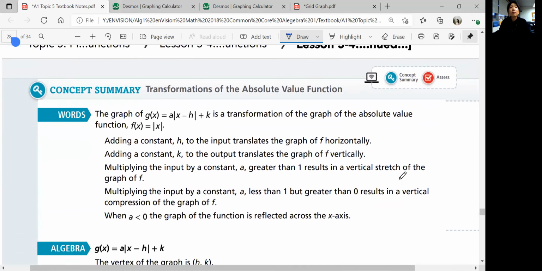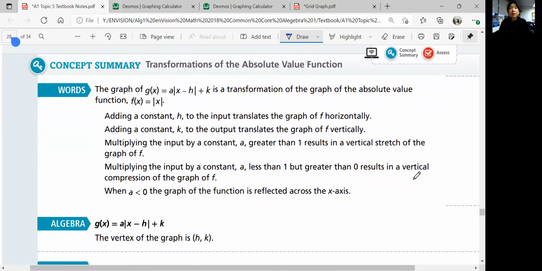Okay, great job, guys, hanging in there. So in summary, a transformation of the absolute value function must have the form g of x equals a times absolute value of x minus h, plus k, where h is changing the graph horizontally, k changes the graph vertically, and a makes a stretch or compression to the graph.